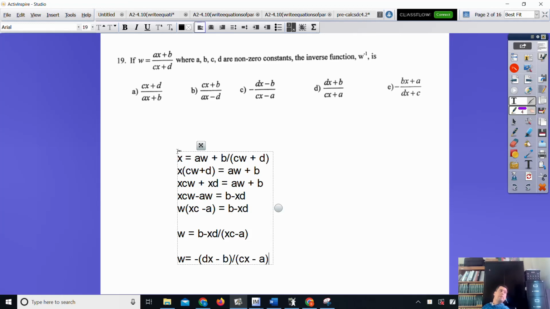This class is over in like 2 minutes. Guys, the bell's going to ring in like a minute or so. There's the typed out work. It looks a lot better when it's actually written out as fractions, but that's the typed out work.